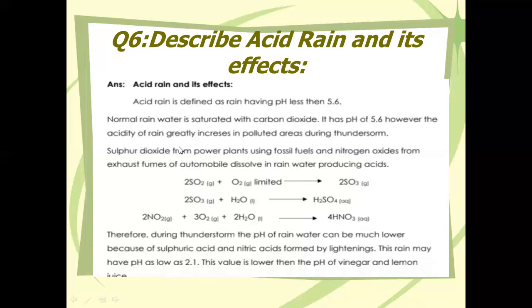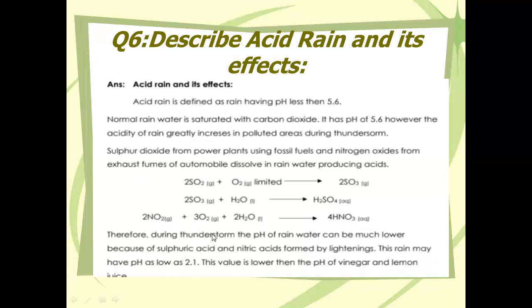I told you the main source is power plants, and during the thunderstorm, this sulfur dioxide oxidizes into sulfur trioxide, and this sulfur trioxide then reacts with rainwater and forms sulfuric acid. The oxides of nitrogen, the main source is the exhaust fumes of automobiles, and their oxidation and then reaction with water produces nitric acid.